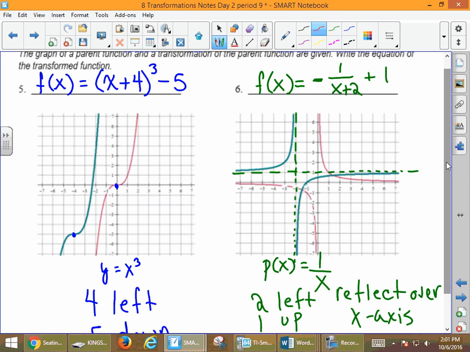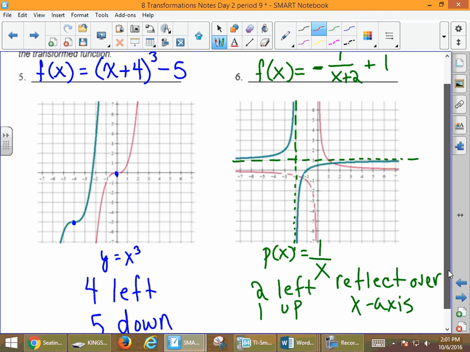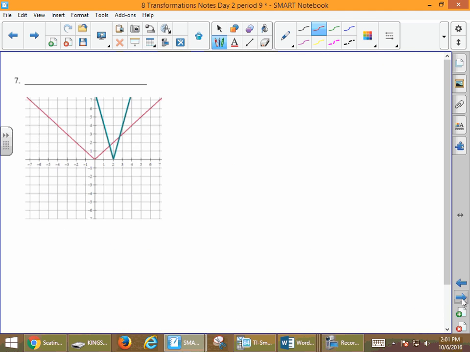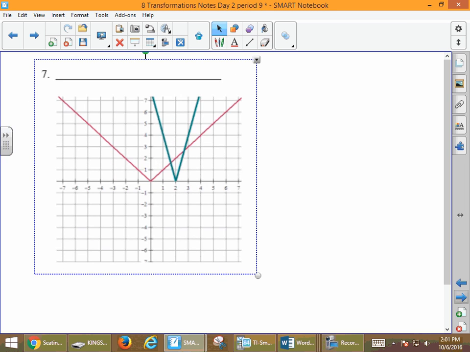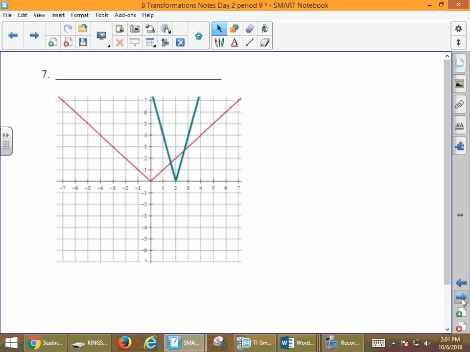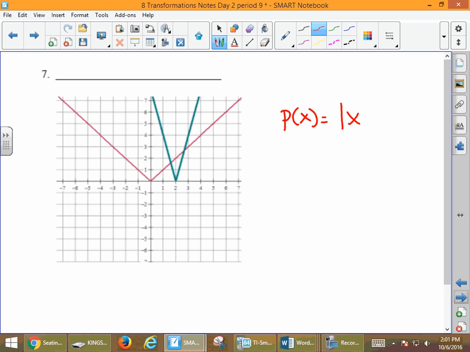So one last picture here, and pictures sometimes are a little bit harder, especially when you don't have the color coding on your paper. But here's our last function to look at. And again, there are 2 ways to look at this function. But as we look at this, I hope you notice that the parent function is the absolute value of x.